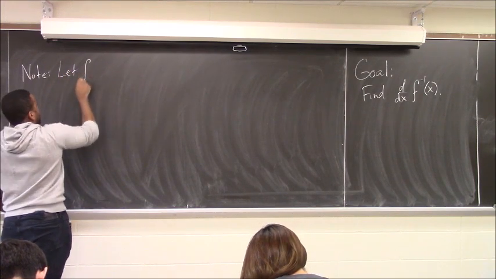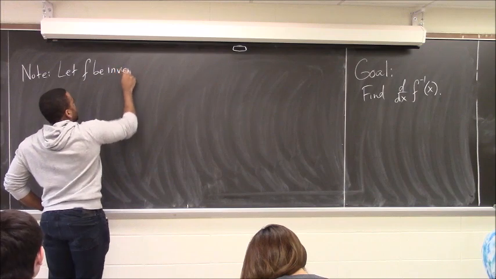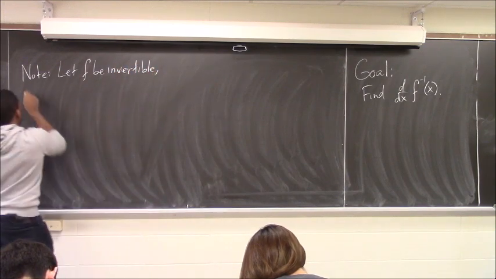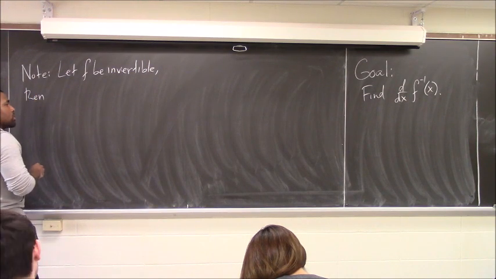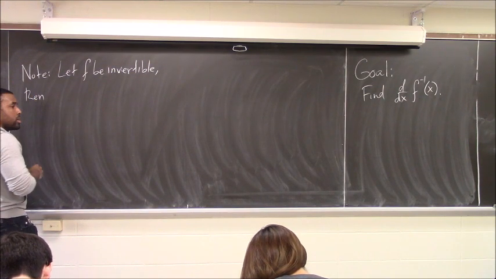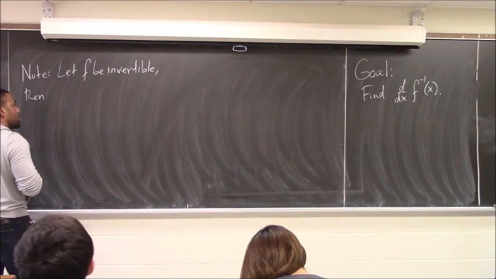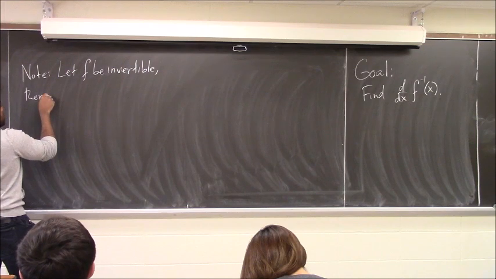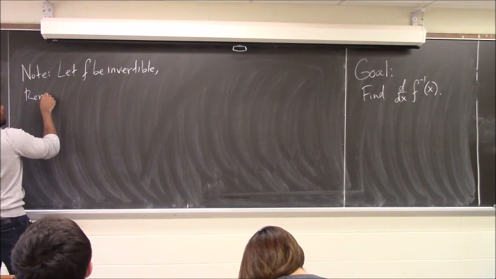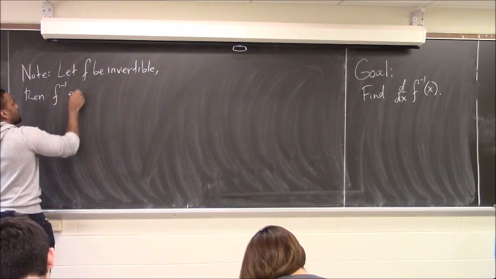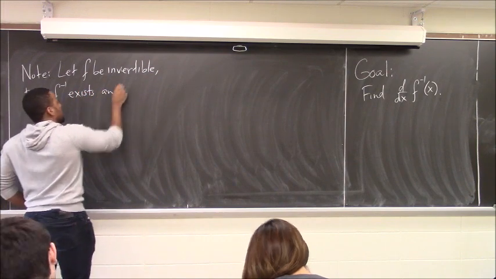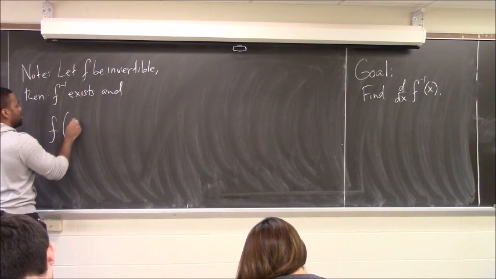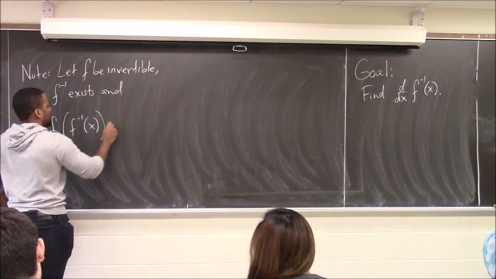Let f be invertible. Then, I didn't make the statement that the inverses exist with the bijection. I'll do that after. Let f be invertible, then f inverse exists, and we would be able to write f of f inverse of x equals x.